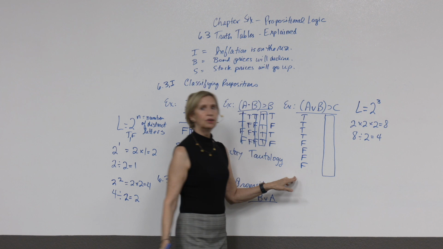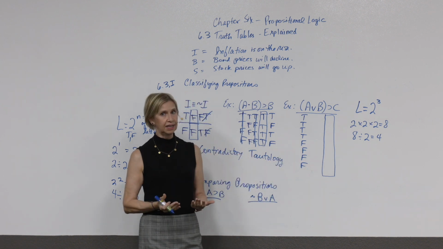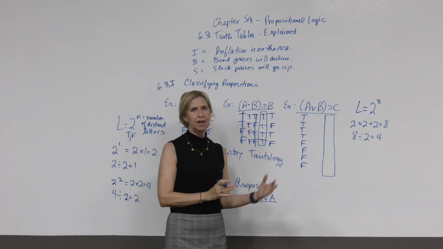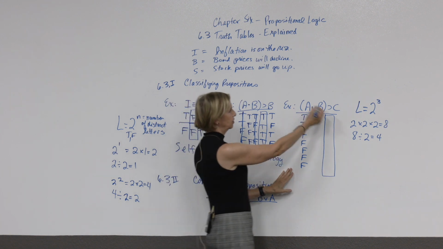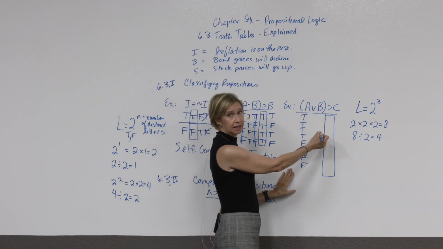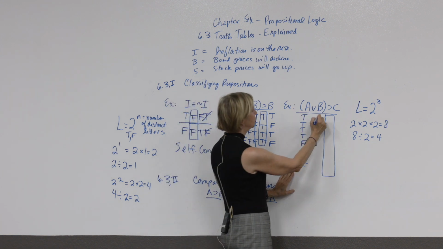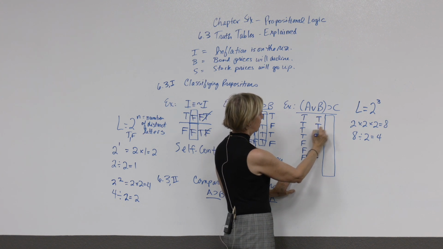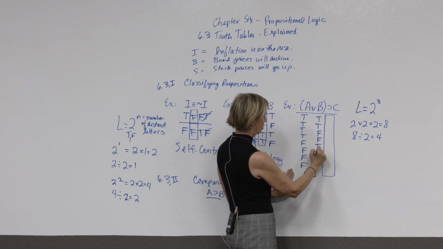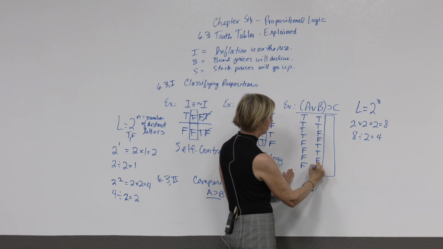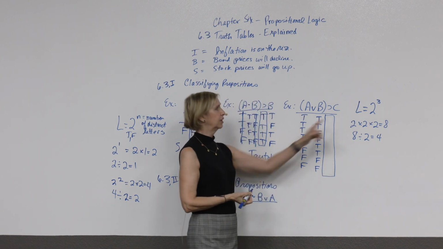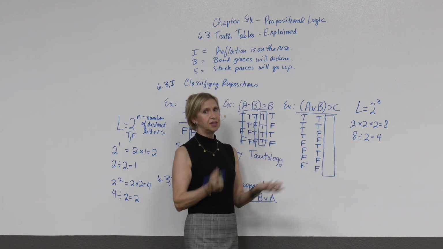Okay? You go to the next letter, divide in half again. Again, follow the exact same method every time. You go to the next letter, 4 divided in half, 4 divided by 2 is 2. So the B will have trues and falses by 2s all the way down for each line. Okay? And you get to the third and final letter, 2 divided by 2 is 1.